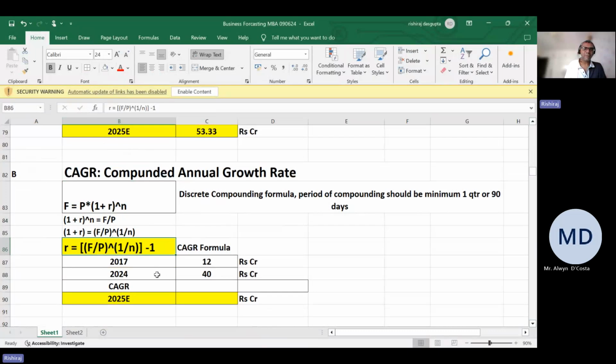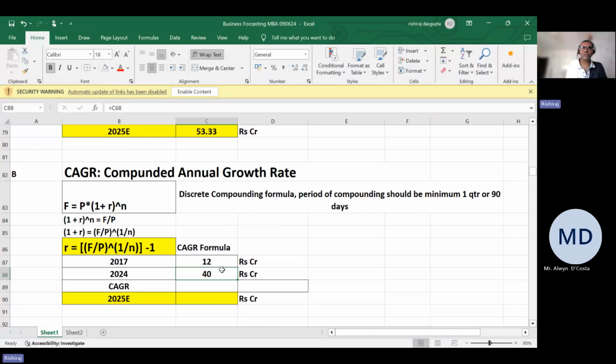So here, in my forecasting case, 2017 revenue 12 crore and 2024 revenue 40 crore will be used as present value and future value. So in the CAGR calculation, we assume that we had, sorry, in the past tense, we had 12 crore rupees, and we go to a bank in 2017 and invest in a fixed deposit.